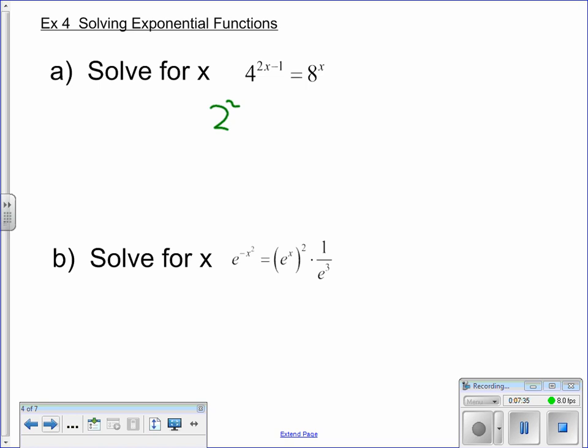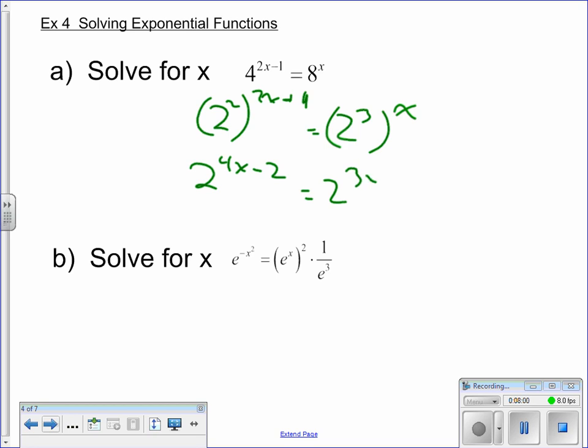4 is 2 squared, to the 2x minus 1, equals 2 cubed to the x. And when you raise a power to a power, what do you do to the exponents? You multiply them. So this is 2 to the 4x minus 2 equals 2 to the 3x.